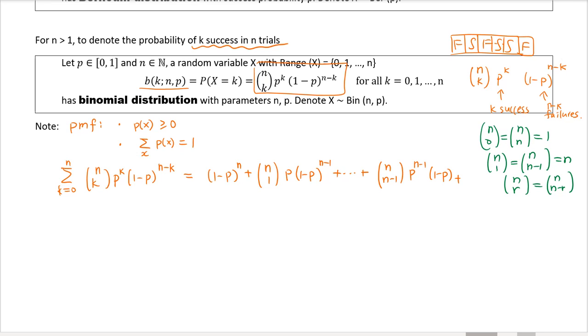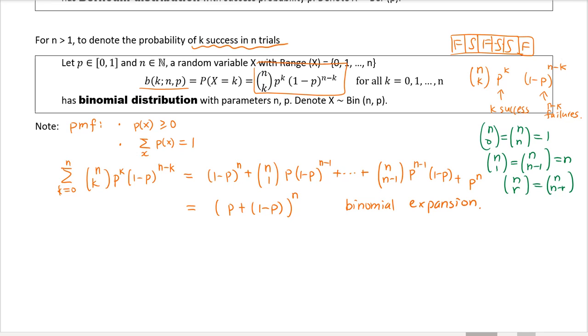And then finally we have p to the n. This is actually the binomial expansion of p plus 1 minus p to the n.